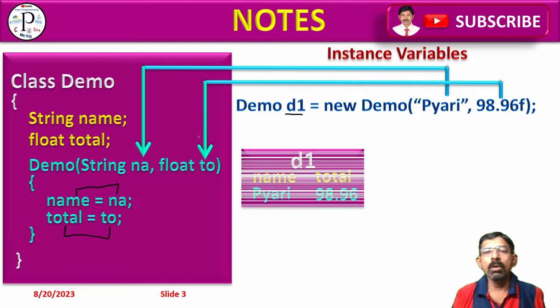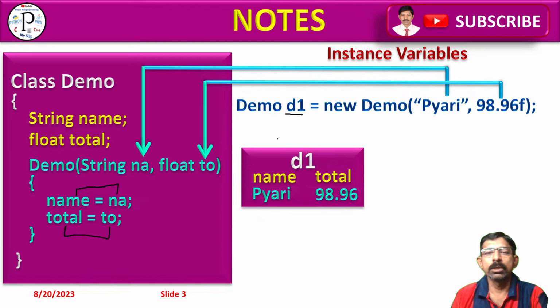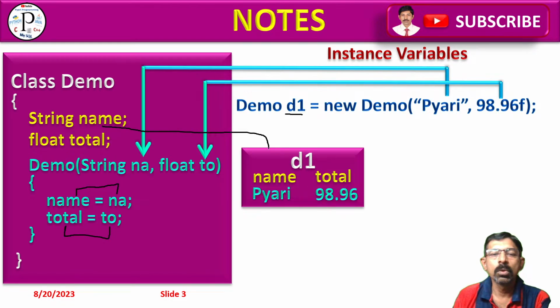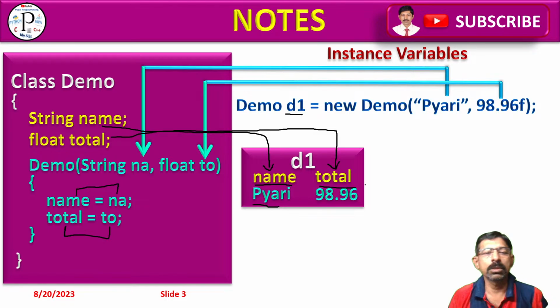Okay, so now what will happen? It will create an object with the name D1 and will give a copy of name over here, where it will store Pyari, and will give one more copy to total, because it allocates the memory. It will allocate these two variables and store the values in them. Understood now?